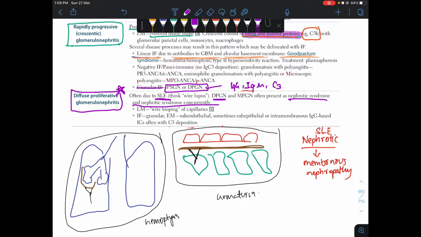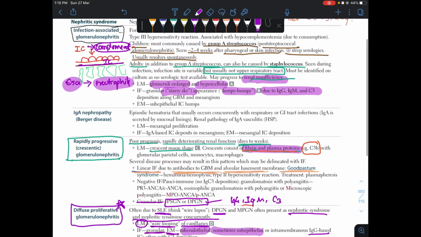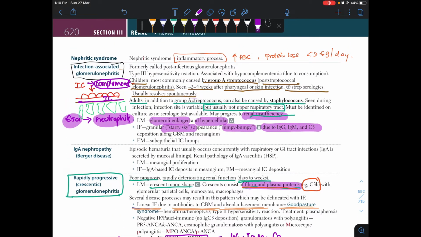On light microscopy, we find wire looping of the capillaries, immunofluorescence has a granular pattern, and on electron microscopy we find subendothelial deposition of IgG and immune complexes, especially C3 deposition. We should not forget that this is subendothelial, sometimes subepithelial, and to differentiate this from infection associated glomerulonephritis, there we have subepithelial deposition of immune complexes.